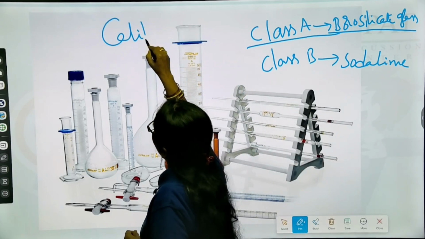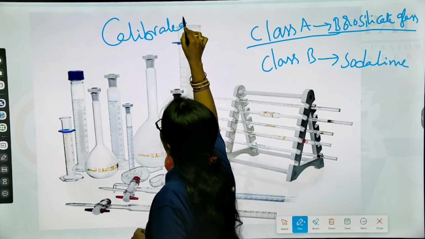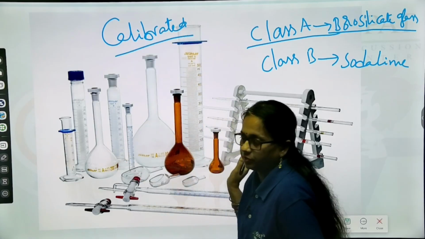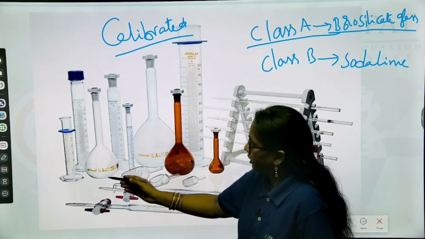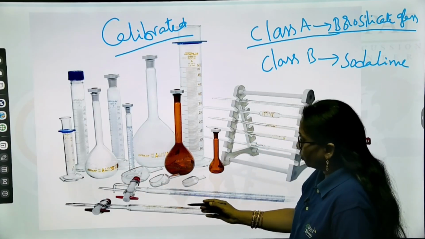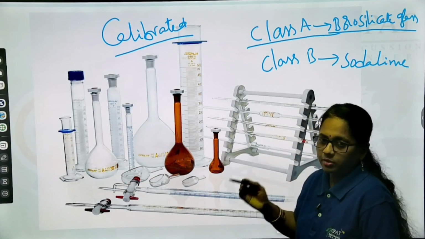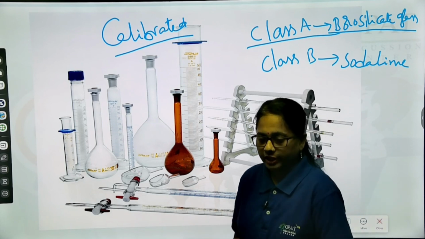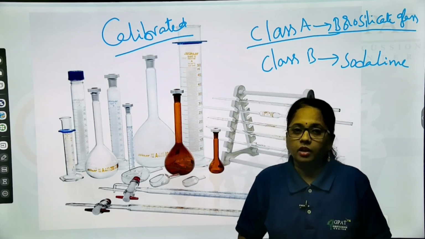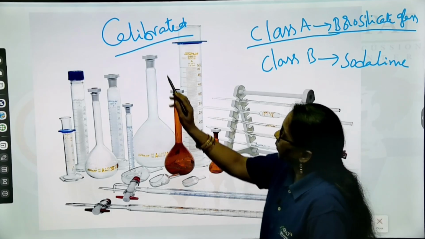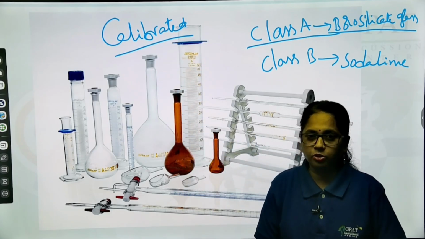Okay, so after calibration only you have to use all the glassware, like measuring cylinders, volumetric flasks, as well as burettes, okay, pipettes, one mark pipettes or graduated pipettes. So all these types of glassware should be properly calibrated.